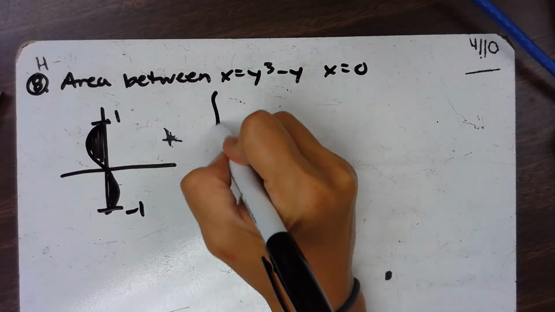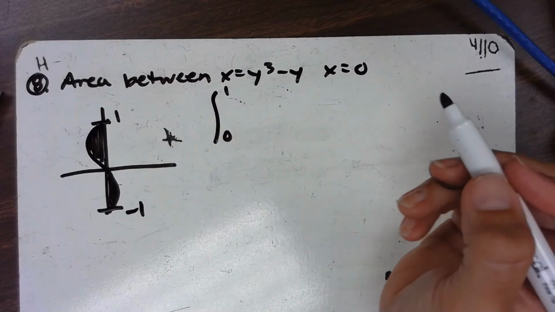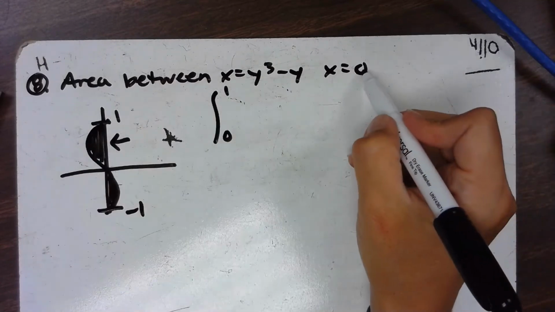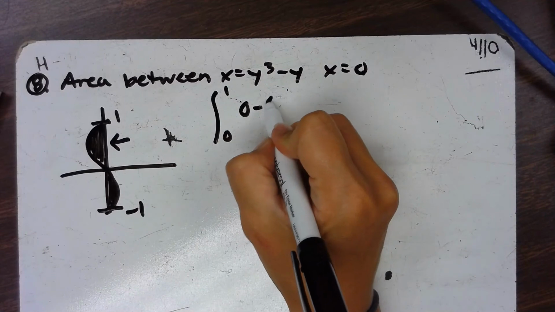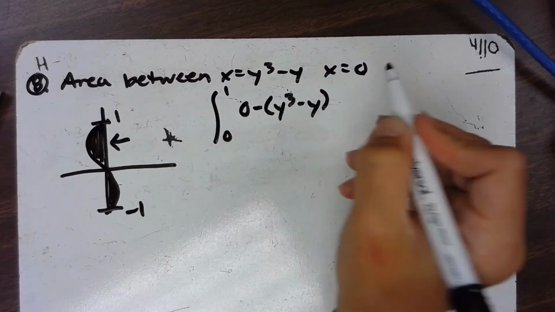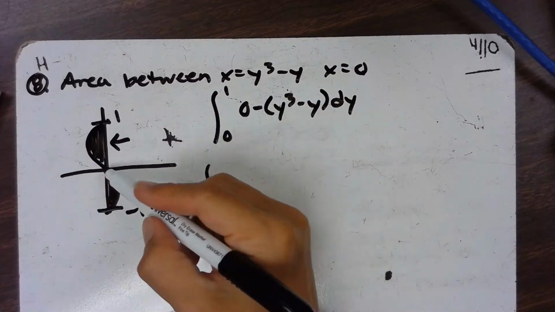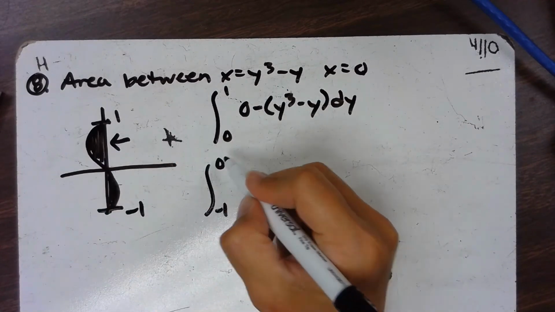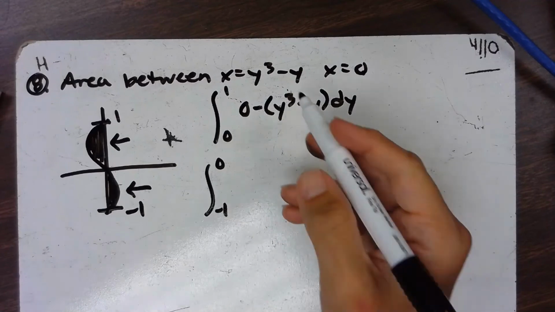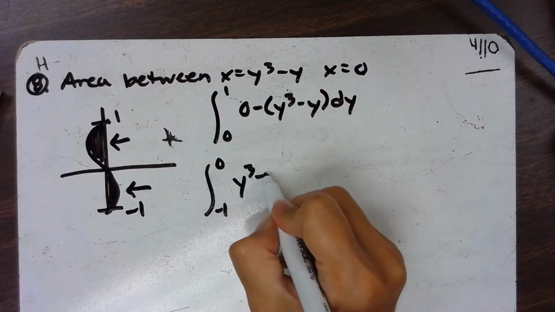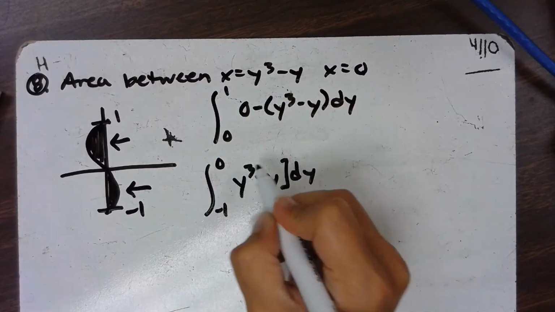I have an area from 0 to 1, okay, where this line is first, 0 minus the y cubed minus y. All right, and then I have another area from, we'll say, -1 to 0, and where this part, y cubed minus y, comes first.